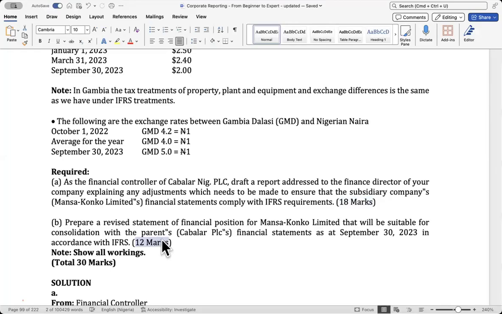So in the exam, in all of your questions, the go-to part is not to start reading the question. Don't make that mistake in the exam. Don't just jump and start reading the question. No, the first thing you should do is read the requirement. One thing I know very clearly here is that I am the financial controller, so they want me to write a report to the financial director.